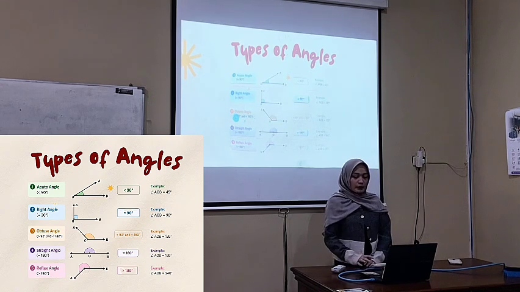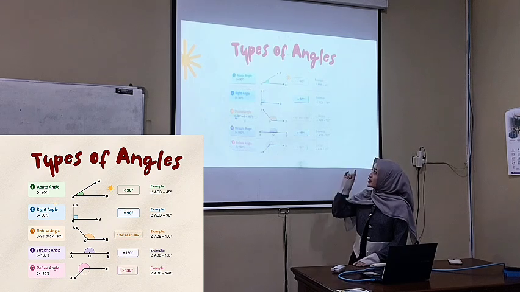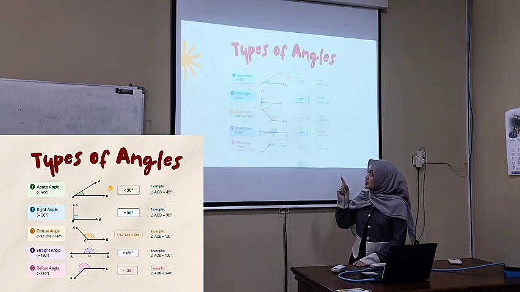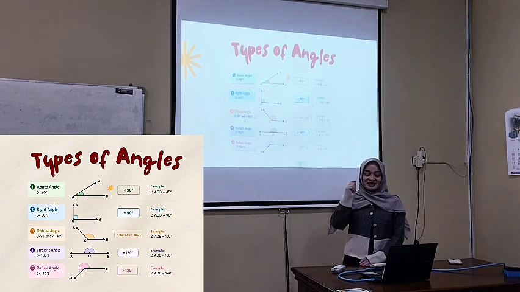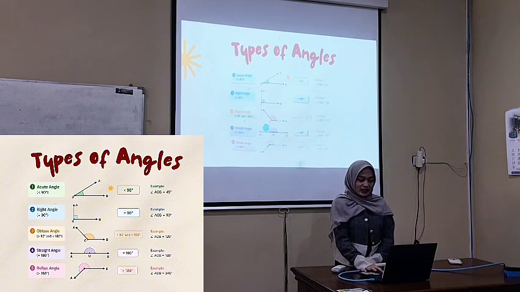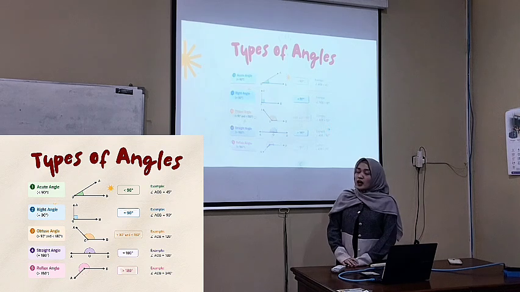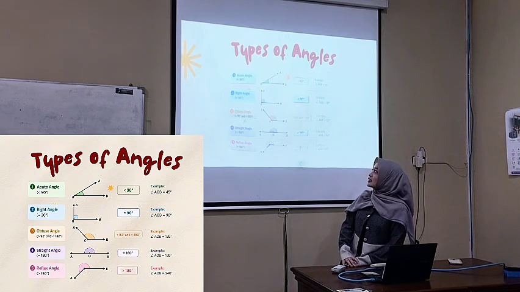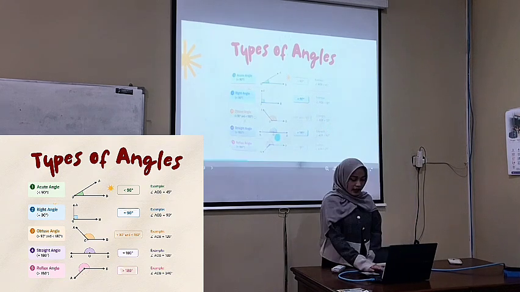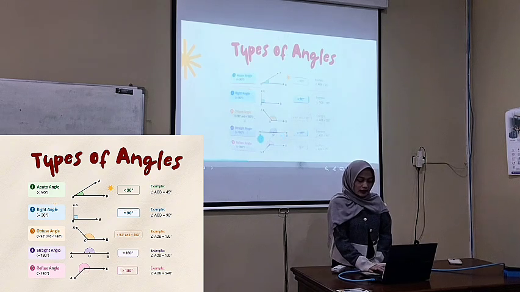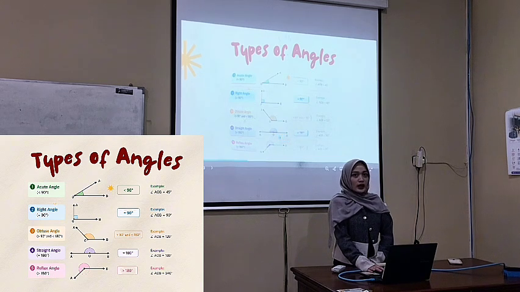An obtuse angle measures more than 90 and less than 180 degrees. In this example, the angle measures 120 degrees. Then we have a straight angle. A straight angle measures exactly 180 degrees and looks like a straight line.